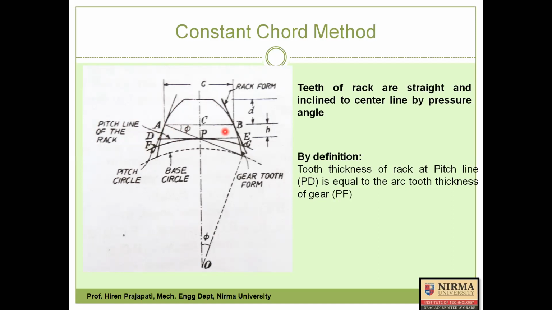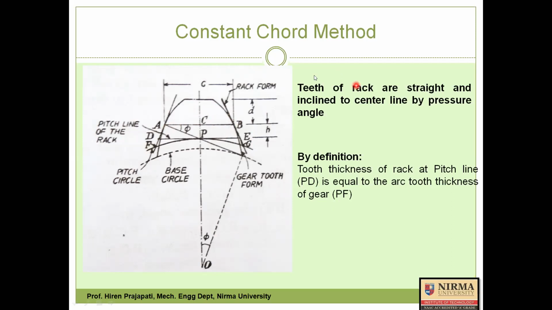Again, if you consider gears with any number of teeth, but with the same module, meshing with a rack of the same module, then irrespective of the number of teeth, the involute profiles of the teeth always make contact with the involute profiles of the rack at points A and B. That is why line AB is called a constant chord.